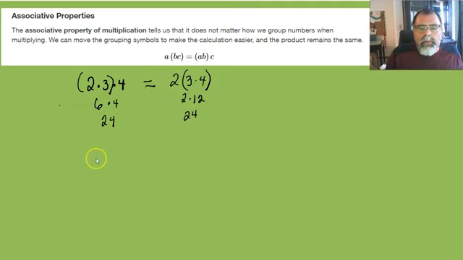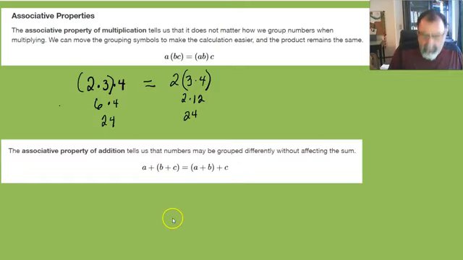And it works with addition as well. So if we try something like, we'll use the same numbers, 2, 3, and 4. If I did 2 plus 3 plus 4, and again, binary operations, I can only technically do 2 numbers at a time.